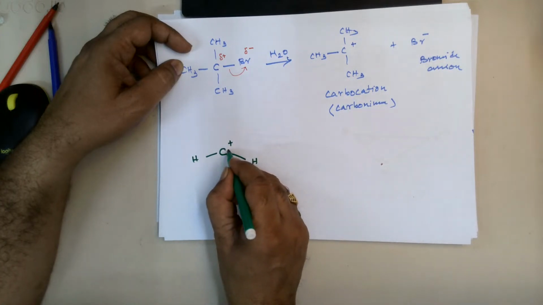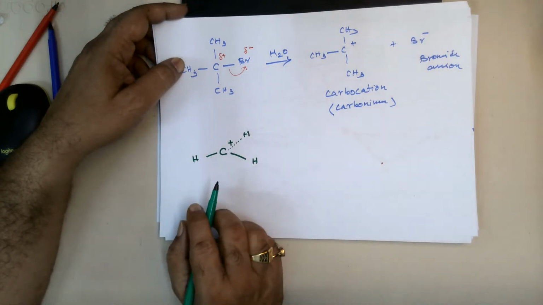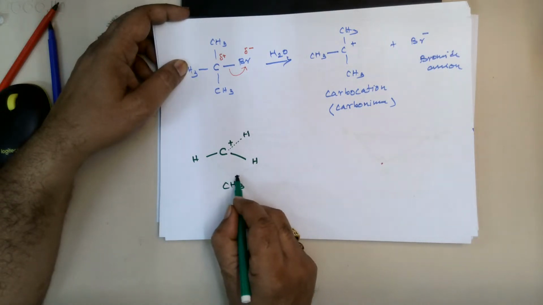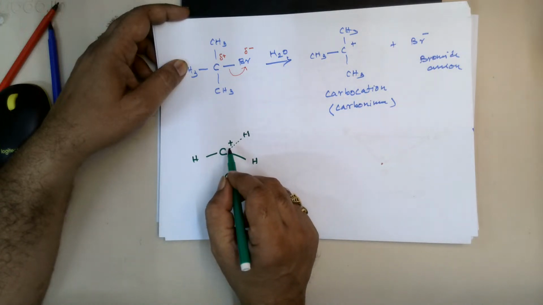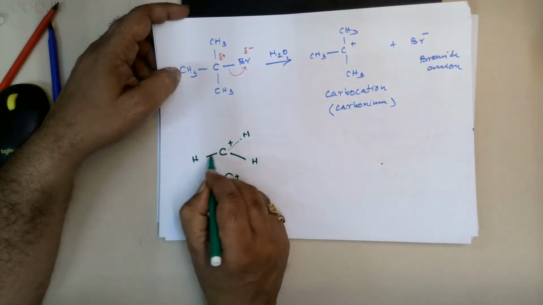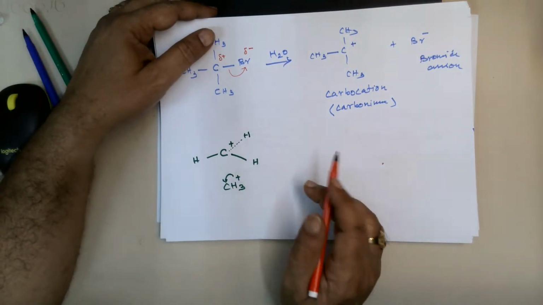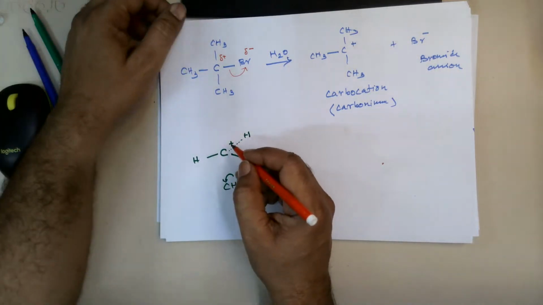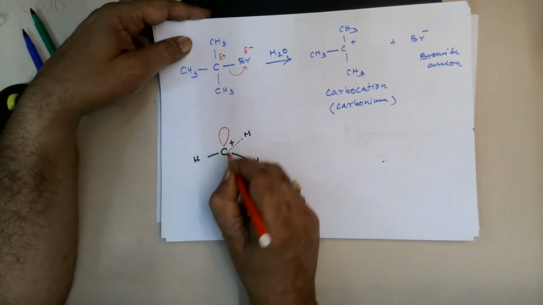Then this one is below the plane of the paper, and that is indicated by a dotted line. So this is CH3 plus. Actually, this plus is for carbon. So this is the carbocation, and this bond is sp2-s overlap. And this is the p orbital. You can represent the orbital like this. It is a dumbbell shaped one.